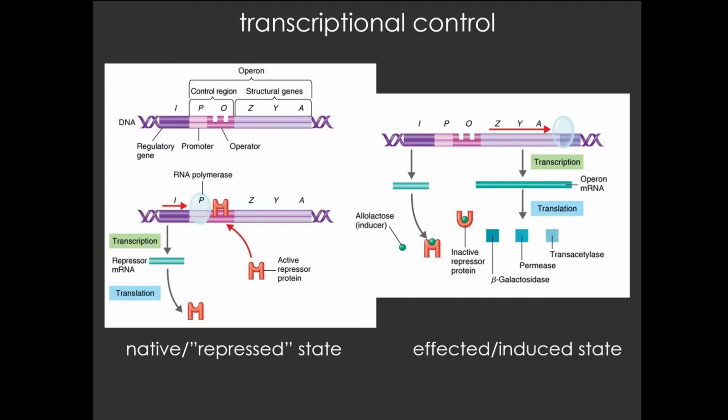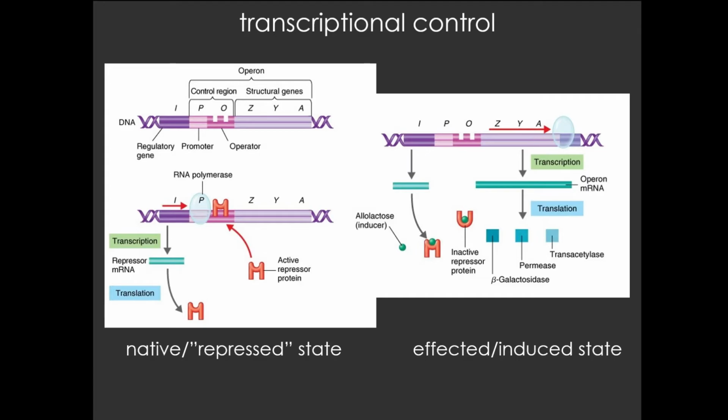electron transport chain. Now, the really cool thing about this operon is that the very thing that you need to catabolize is the thing that tells you to make the things capable of catabolizing it. So it's a really nice, really beautiful self-regulating system.